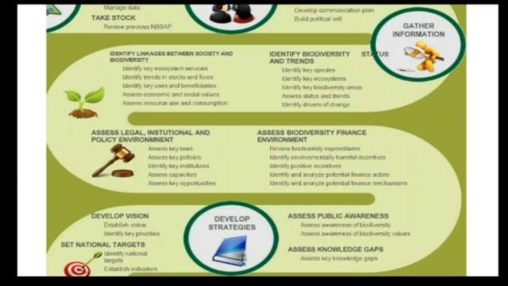So as much as possible, we want to gather information on those subjects. And then there's the wider legal, institutional, policy environment, biodiversity finance environment, public awareness, and then identify knowledge gaps to help you then set your national targets.